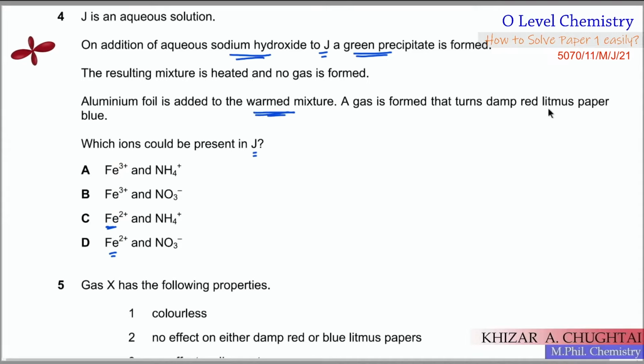A gas was formed that turns damp red litmus paper blue. Ammonia is being formed in this mixture. So this is true for the nitrate. If the presence of aluminium is going to release this ammonia gas, then it simply means nitrate ions are present. So D is the correct option.